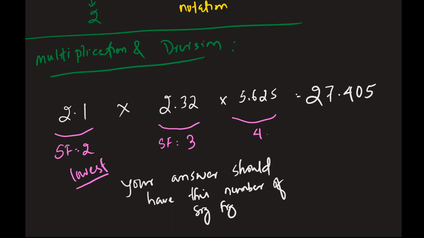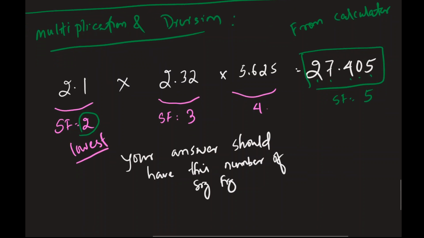So this is the number from the calculator. How many sig figs do we have here? The number of sig figs is 5. So we have 1, 2, 3, 4, 5. But your answer should have how many sig figs here? Your answer should have 2 because 2 is the lowest.